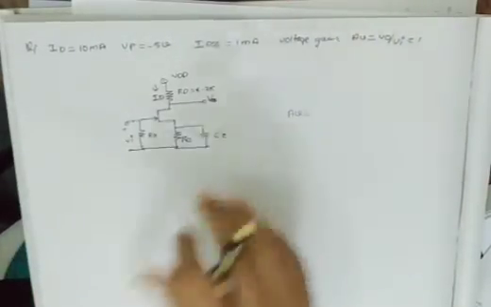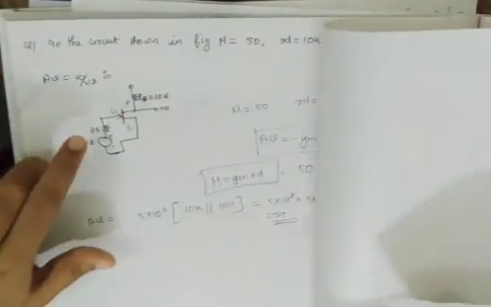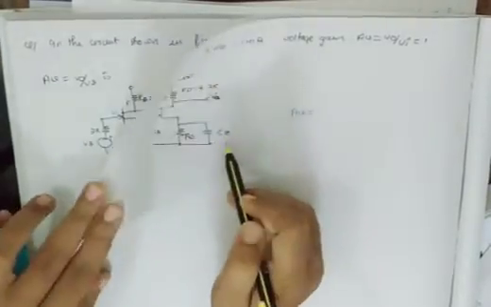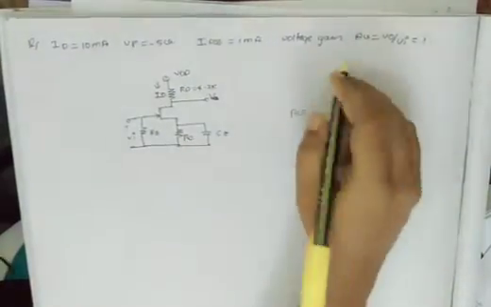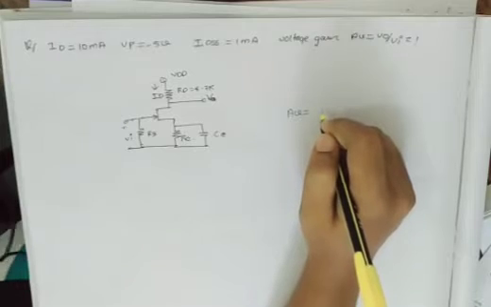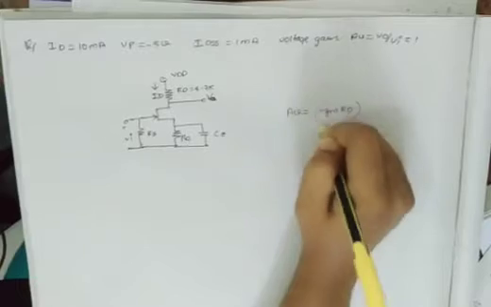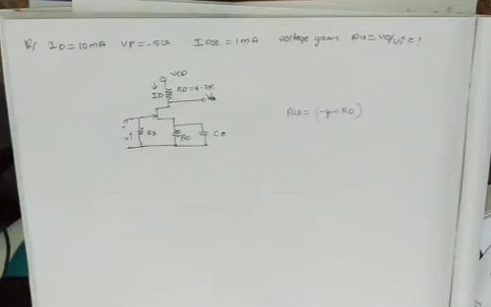In the previous kind the figure was like this. In here there is an RE, an extra RE, and also a bypass capacitor. So the AV will change like this: instead of Rd parallel small rd, we have minus Gm into Rd only.